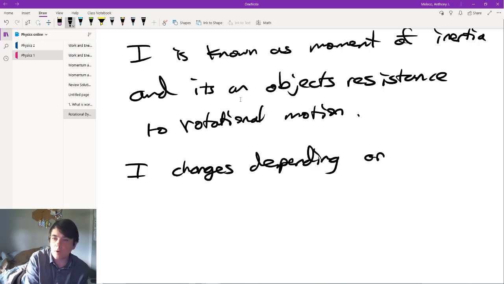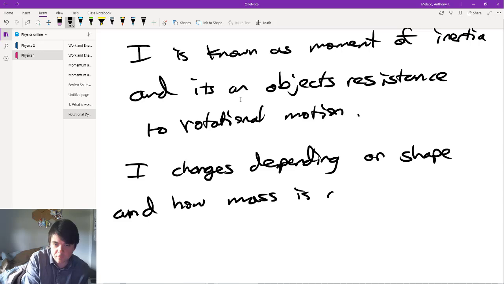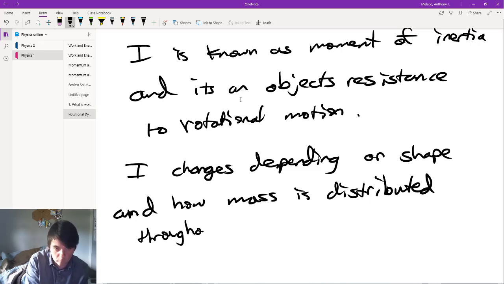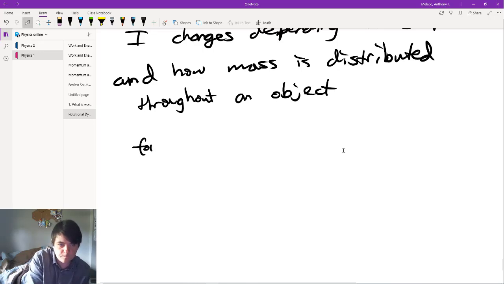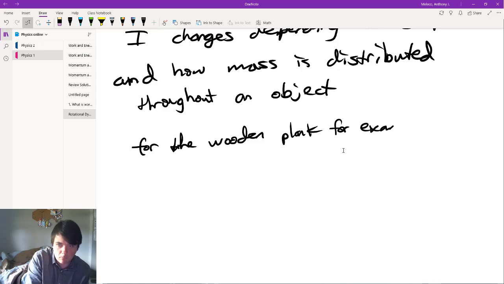So it depends on shape and how mass is distributed throughout an object. For the wooden plank, for example, I is 1/3 ML squared. M is mass.